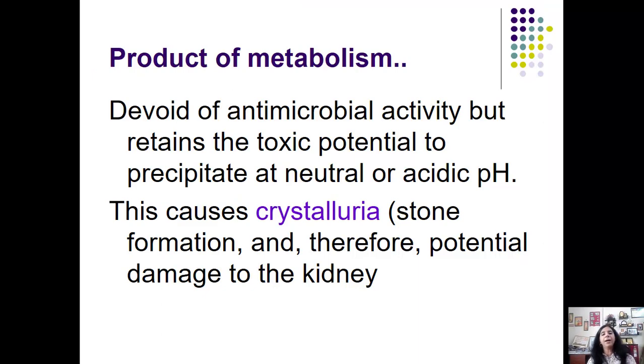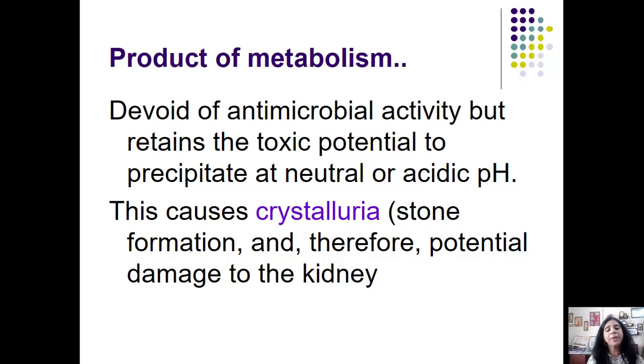And the acetylated product of metabolism is not active as far as antibacterial action is concerned, but it retains a toxic potential to precipitate at neutral or acidic pH. So the sulfonamide crystals are formed in neutral or acidic pH, and they behave as if there is an obstructive nephropathy.